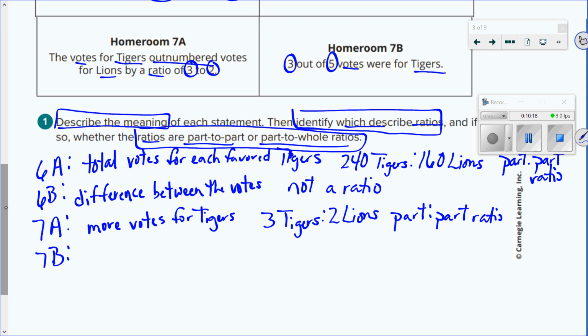Okay. So what's the meaning on that? You're answering the second and third part, but you're not giving me the meaning of it. What does the ratio mean? What do we learn from it? Austin? You learned how many votes the total have been voted for Tigers. Okay. So we know, again, there's more votes for Tigers out of the total.